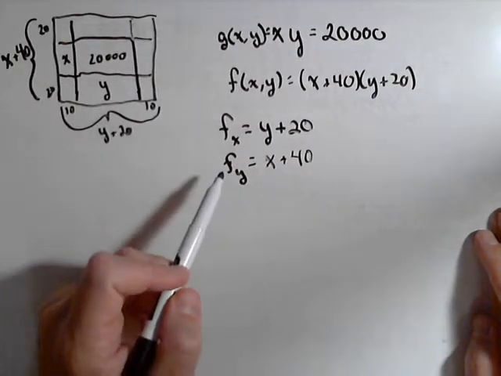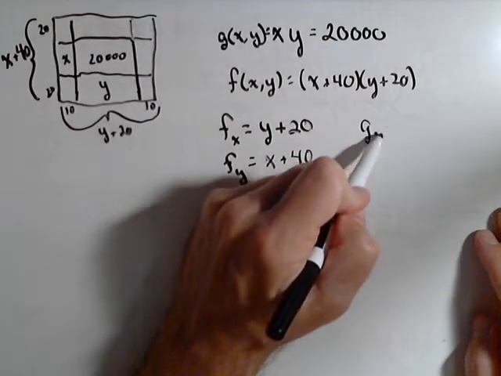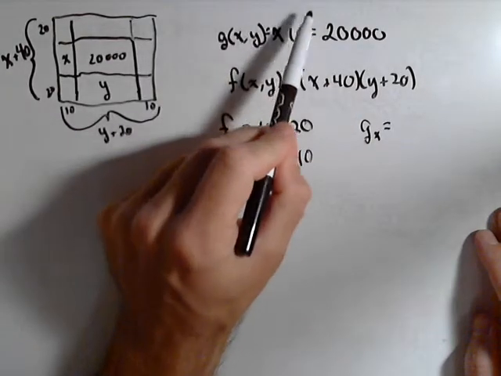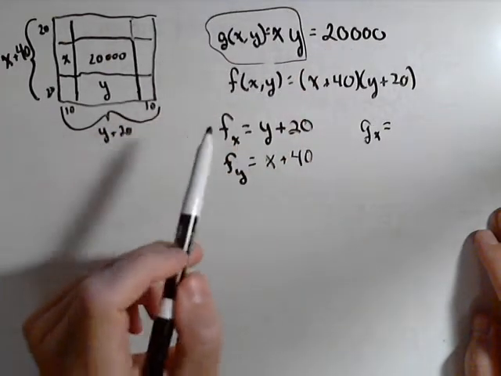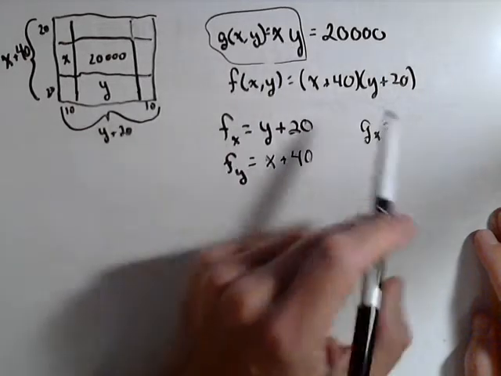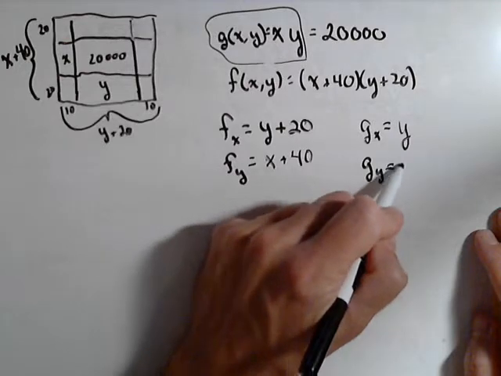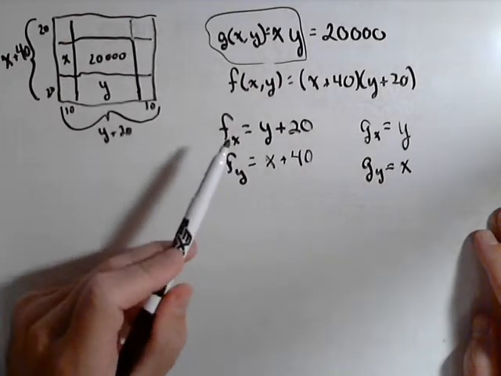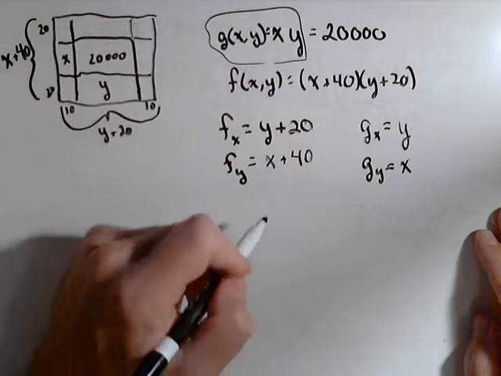Now we need the partials of g of x, y. So g sub x. And now we only think of this as g of x, y. We don't include the 20,000. That'll be our constraint equation. G sub x is just y. G sub y is equal to x. And now what we're going to do is set these partials equal to each other involving lambda, and we'll get our system.